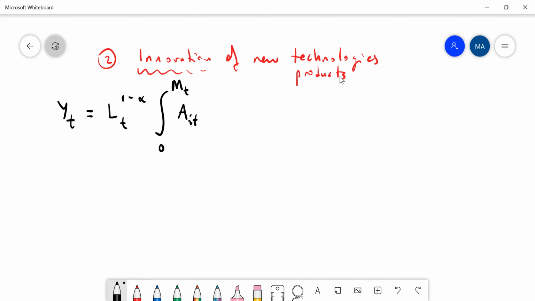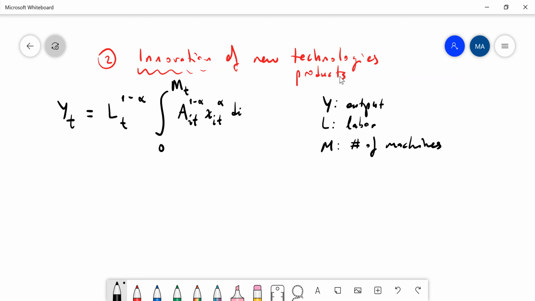I will explain these terms in a moment. Now, Y is of course output, right? L is labor. M is the number of different types of machines, right? So we index these machines in this particular way.